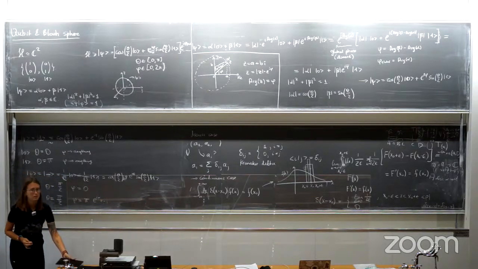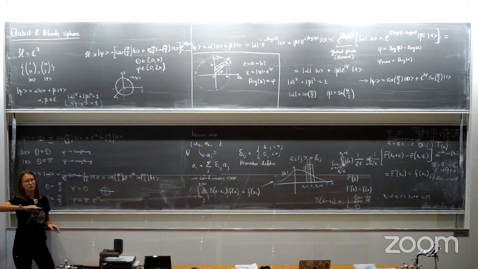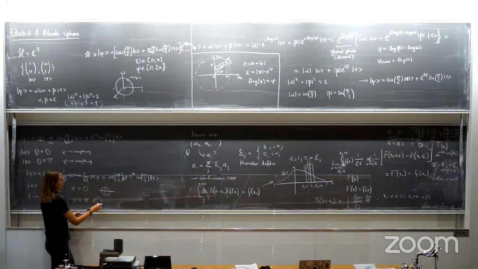The easy way to see it is, again, imagine e to the power i phi as points on the unit circle, and then e to the power i pi corresponds to a point which is rotated by pi anti-clockwise from this point on the real axis. So it goes to the opposite side of the real axis, so it's -1.